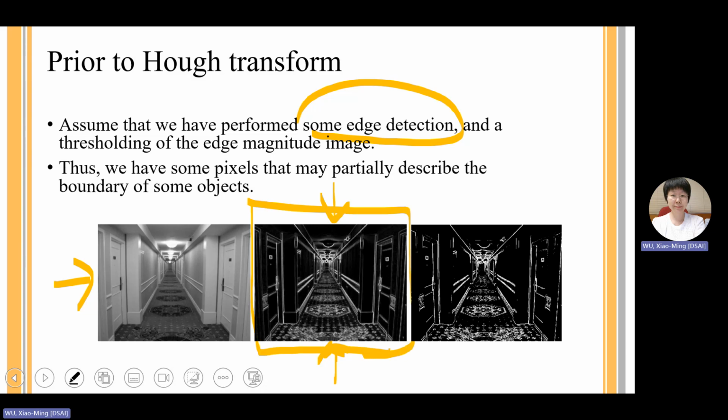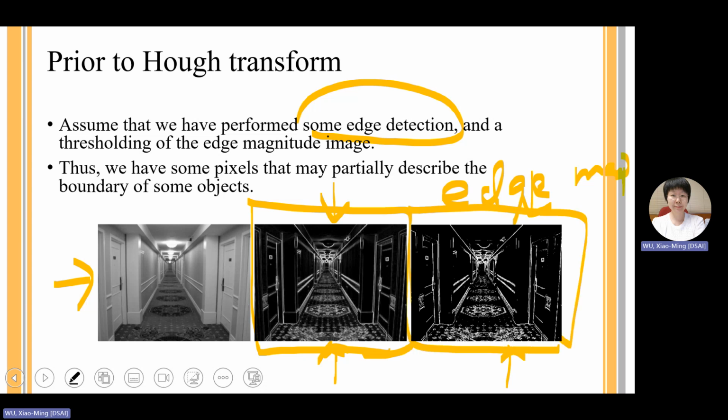You can see there are many breakups in the image. The last one is the edge map, the result after we apply thresholding.